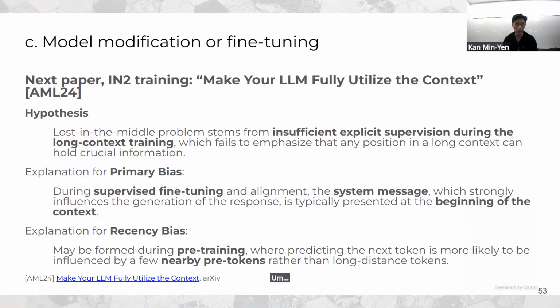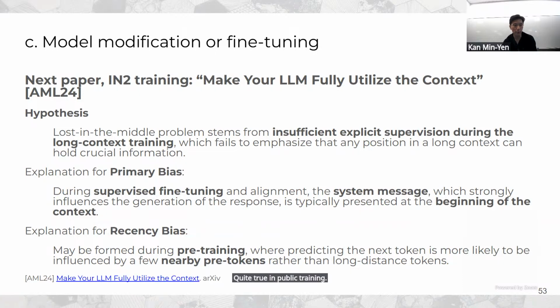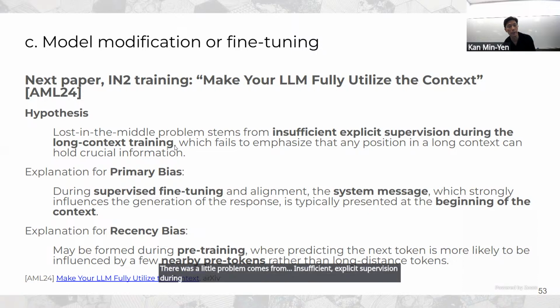I think it's a kind of fine-tuning type of training. And the hypothesis is that the lost in the middle problem comes from insufficient explicit supervision during long context training, which fails to emphasize that any position in a long context can hold crucial information.